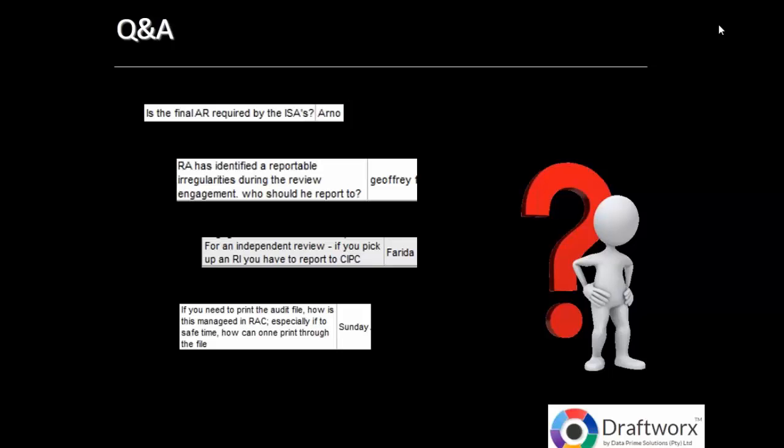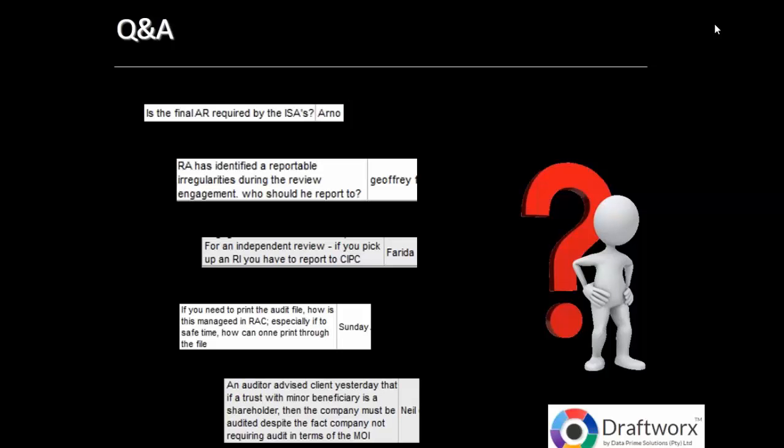The exemption from an audit is where you have an owner-managed business, and for that all directors must be shareholders. So if your trust is a shareholder, a trust cannot be a director. And then some people have said to me, no, but there's an exemption if all the trustees are also directors of the company and the trust.